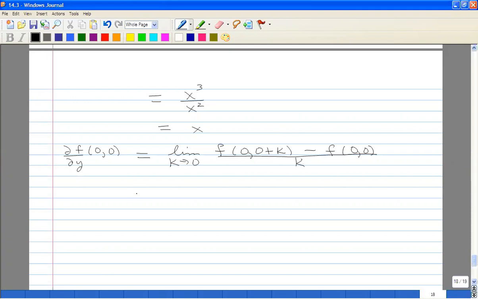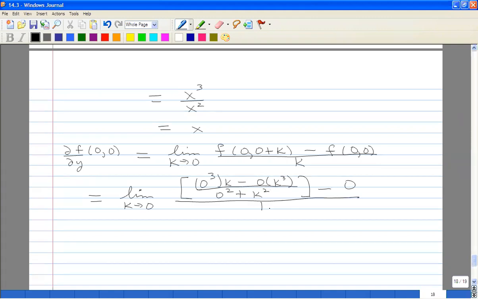Plugging in (0, k), I get 0 cubed times k minus 0 times k cubed over 0 squared plus k squared. f at (0, 0) is 0, all divided by k.